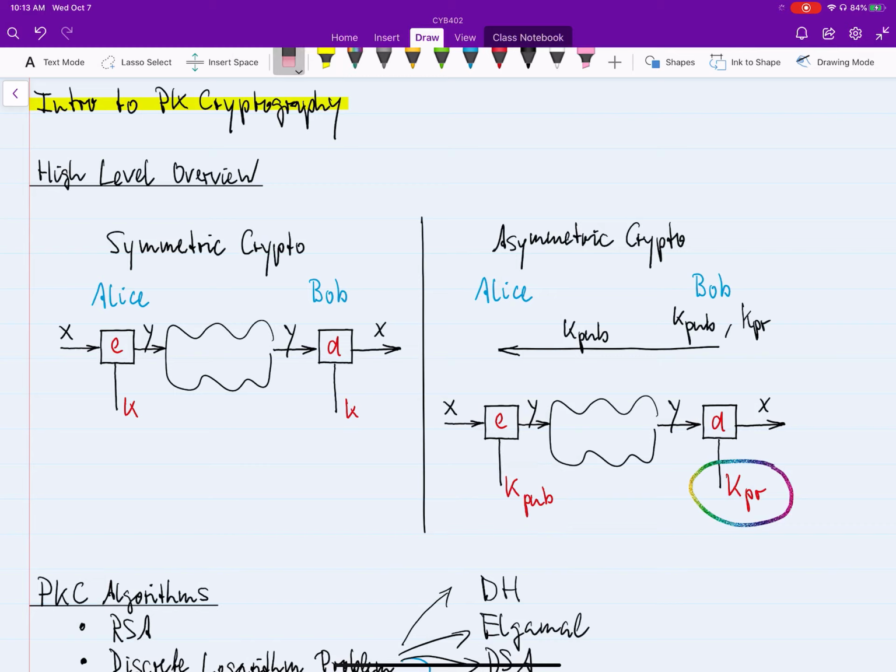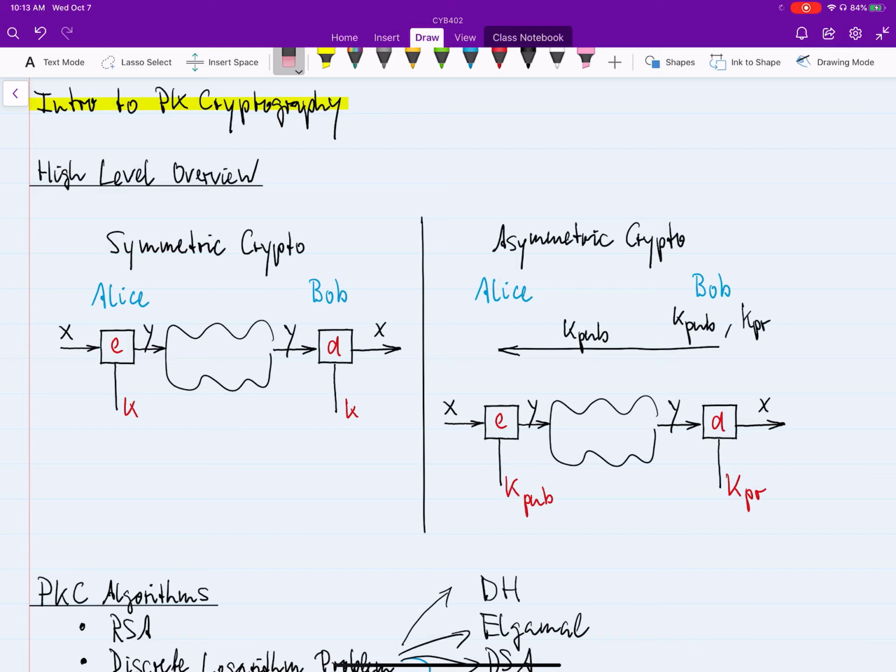So the big advantage is that you can actually publish one key, one part of the two-part key. And anybody who wants to send a message to you can use that very same public key. Once the message is being encrypted with the public key, nobody can decrypt it.